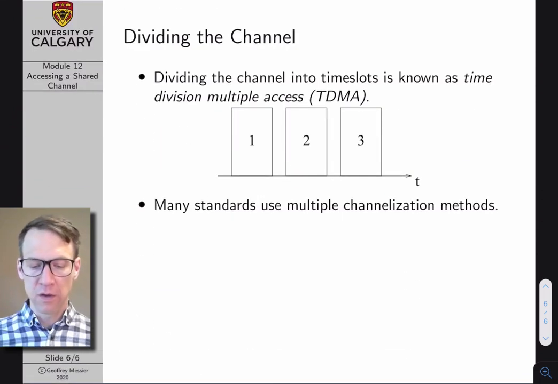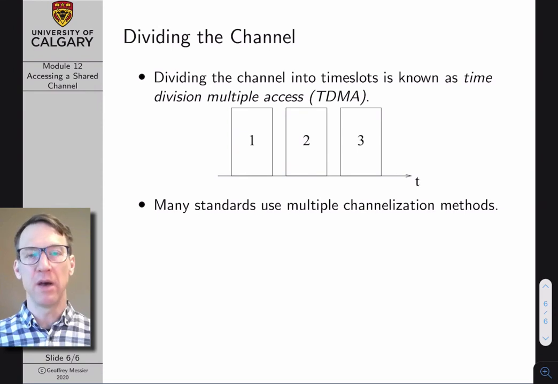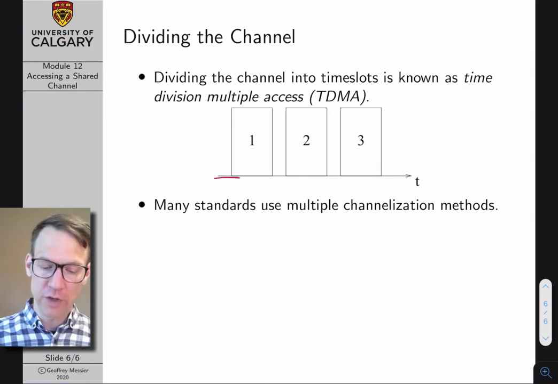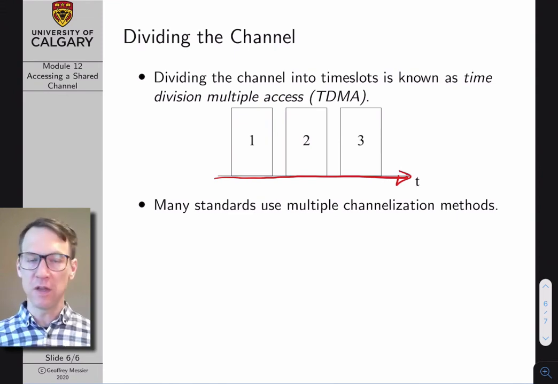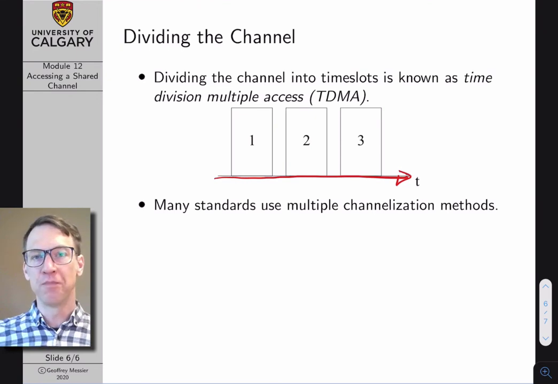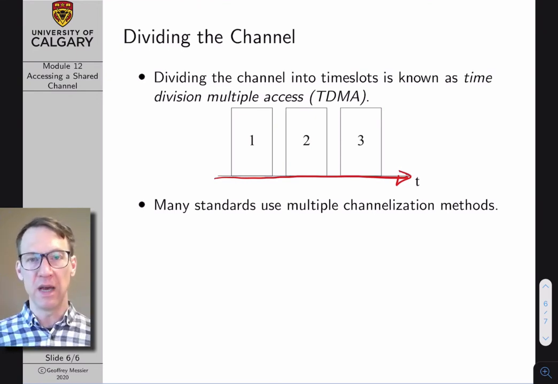The second big type of channelization or multiple access scheme is time division multiple access, where we take our shared channel and chop it up into time slots in the time domain. This is time division multiple access, or TDMA. And this is essentially just taking turns, right? TDMA is how we divide up the audio channel when having a conversation.